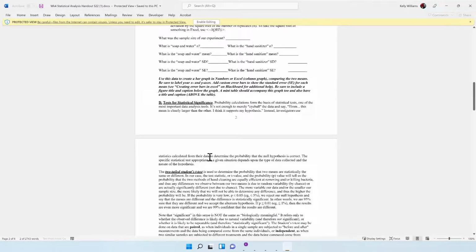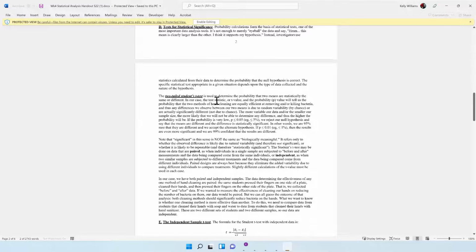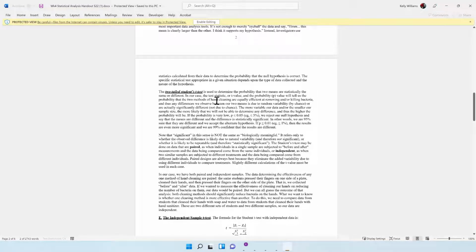So now we're getting to the fun part and we're going to test for statistical significance. If you've never used any sort of stats before, then this might be a little bit new to you, but you have probably all heard of a t-test. There are many different kinds of t-tests. There's one-tailed and two-tailed, and two-tailed means that we're basically looking at the difference between two means statistically, whether they're the same or different.